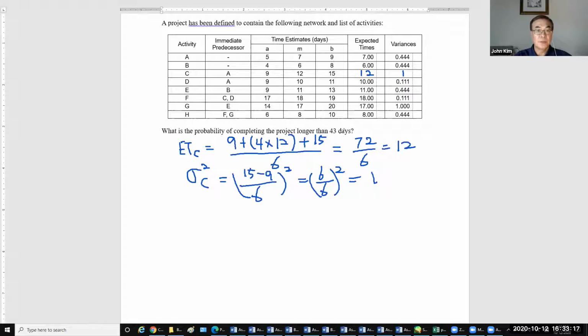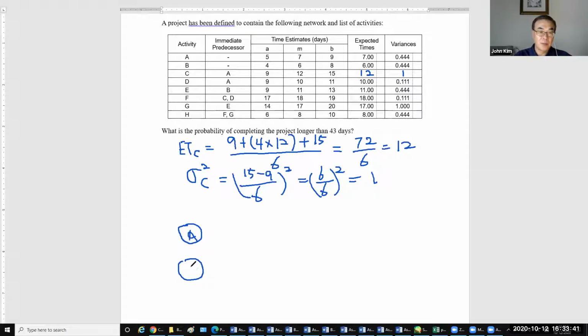the critical path, you need to draw a network diagram using activity designation and then predecessor. So A, B, there are two starting points because A and B don't have an immediate predecessor.